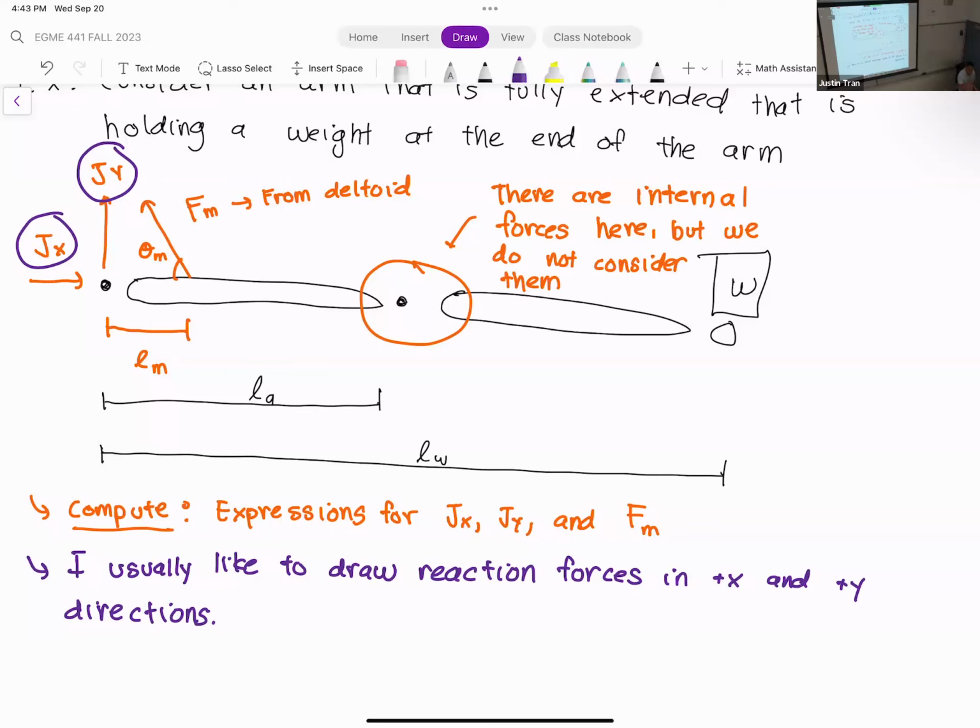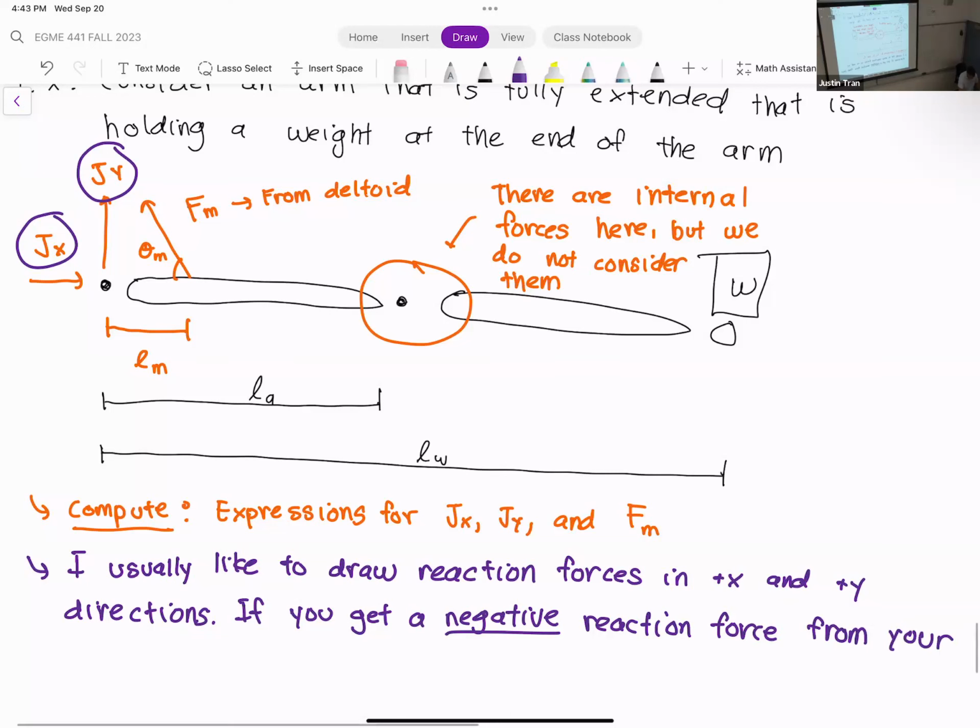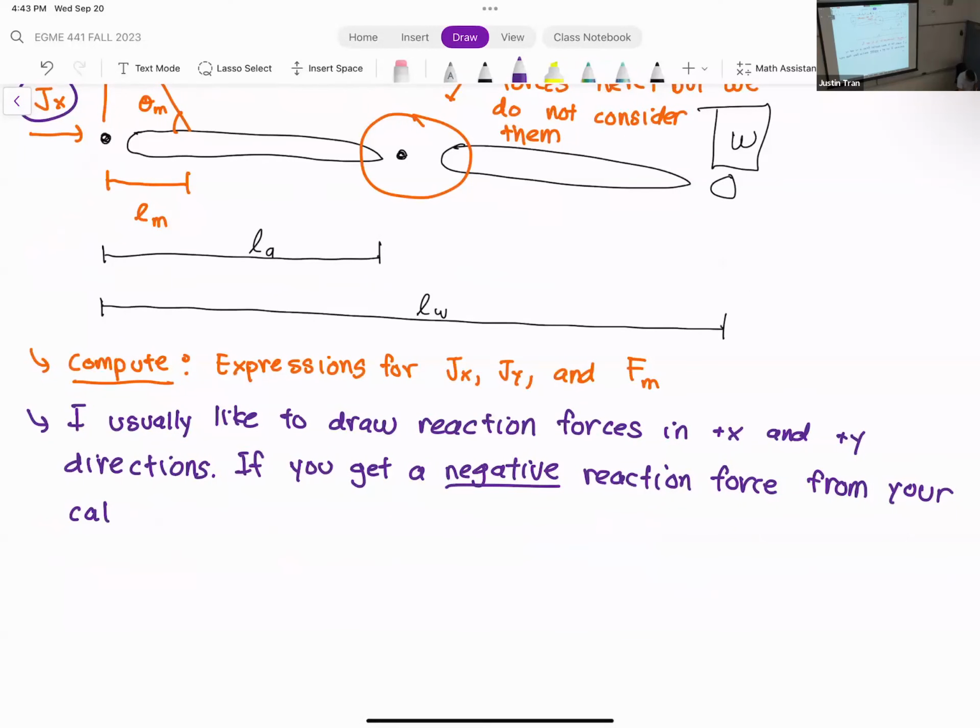Sometimes what you'll see is that after you assign the reaction forces and solve everything, you may find that the reaction force you get is negative.